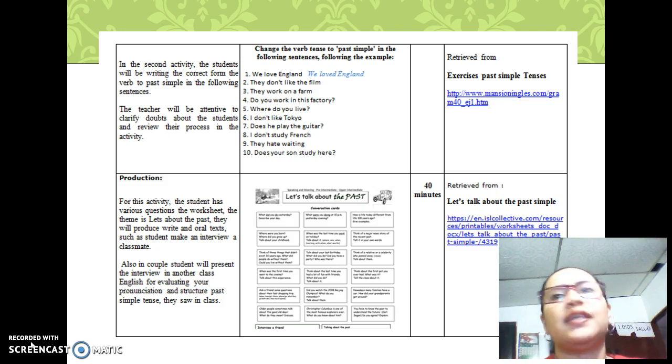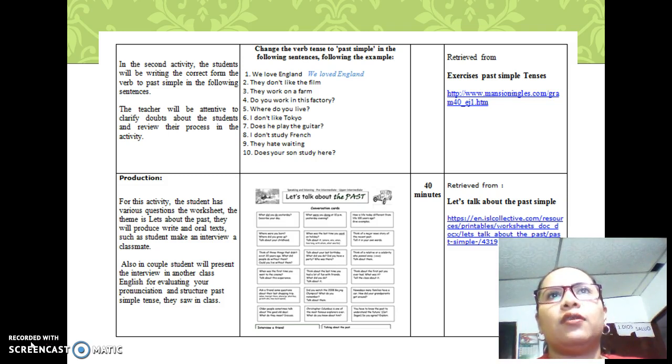The next and second activity in the practice is that students change to the correct form of the verb in past simple in the following sentences. The teacher will be attentive to clarify doubts and review their process in the activity. Change the verb tense to past simple in the following sentences, following the sample.